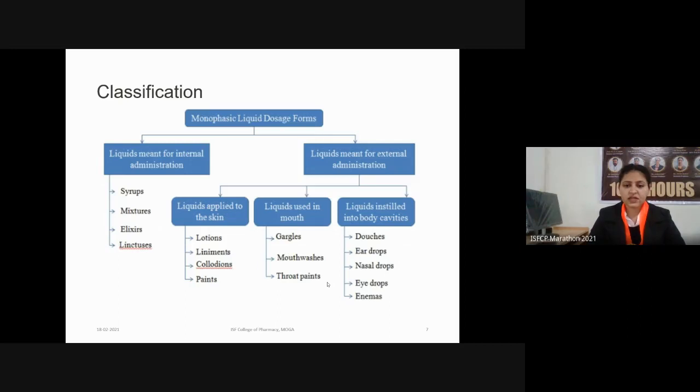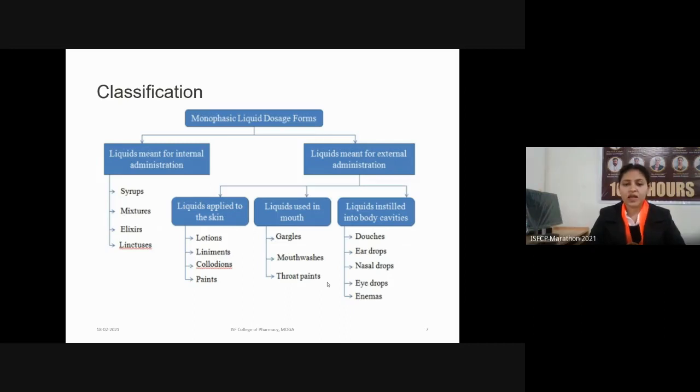The liquids which are used in mouth are gargles, mouthwash, and throat paints. The liquids that are inserted in the body cavity are douches, ear drops, nasal drops, eye drops, and enemas. So this is the classification of the monophasic liquid dosage form.